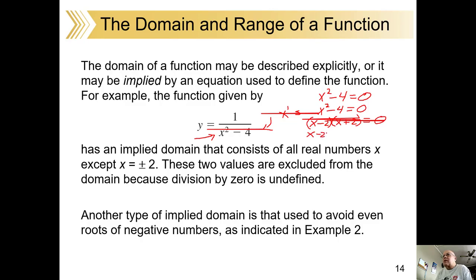Keep my fingers crossed here. Get two simpler equations. And I get 2 here. And I get a -2 there. Now that doesn't mean 2 and -2 are the domain. What that means is more like this.